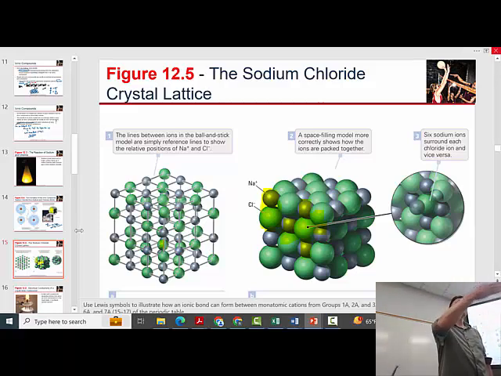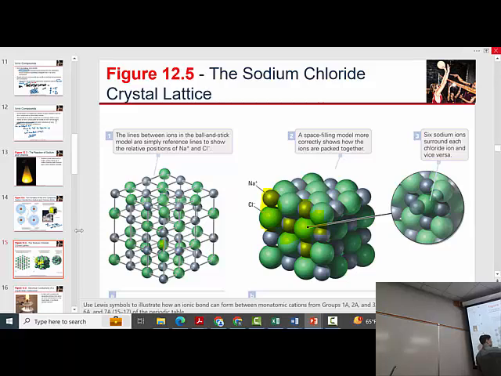The face, the edge, or the corner? The corner. What happens is the corners start to become rounded. Why? Because those are the ones that are easiest to pluck off. If you look at how many ionic bonds this one has, it only has 1, 2, 3. That's it. Whereas if you were inside the lattice here, it'd have 6.